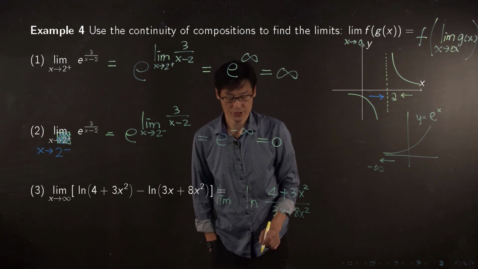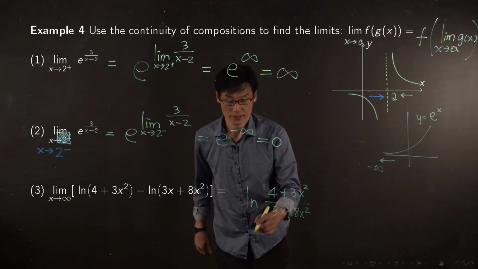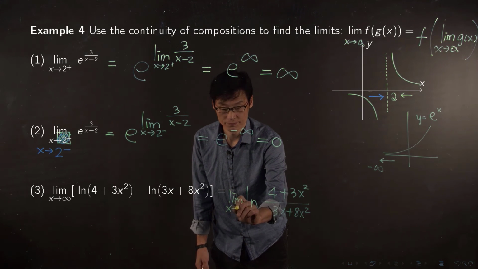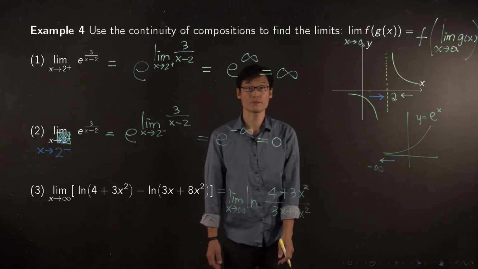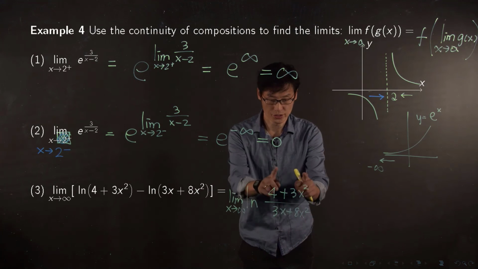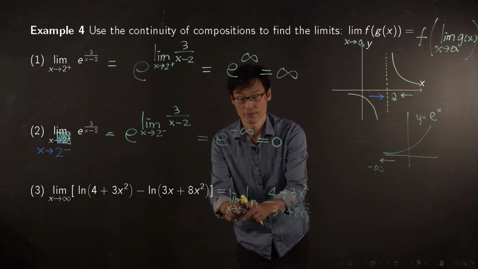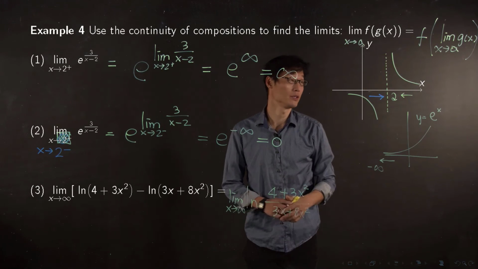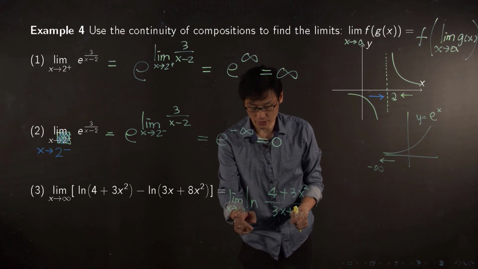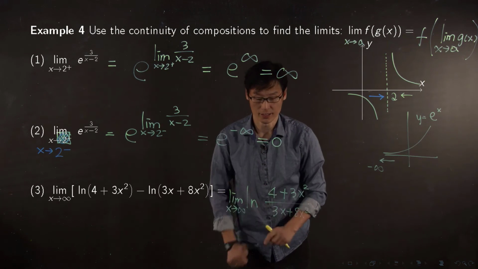Again, this is a composition: the inside function followed by ln, and then we take the limit. As we have a nice property here, we can take the limit of the inside function and then take ln.